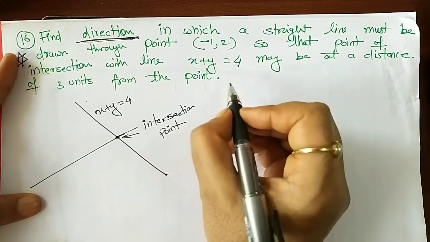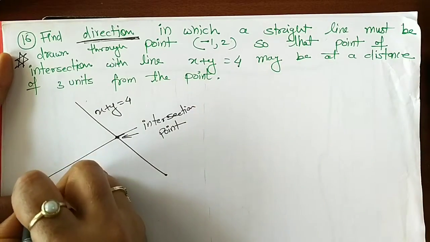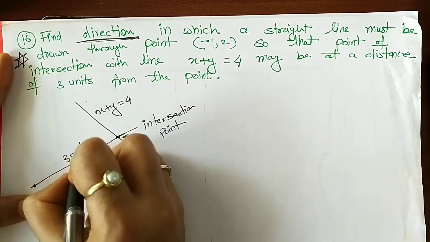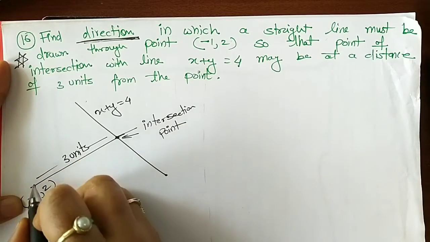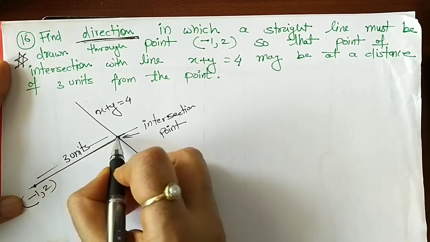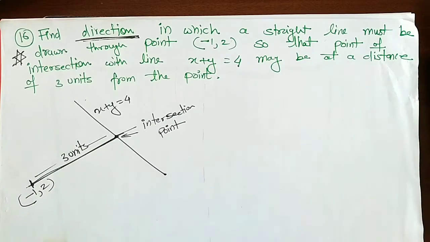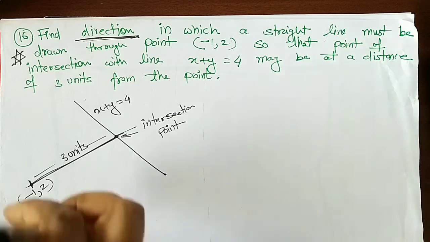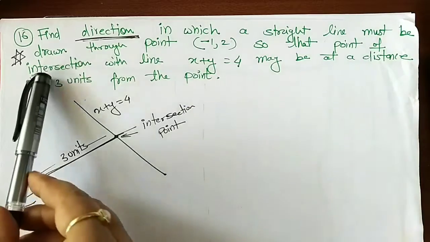They are saying this intersection point must be at a distance of 3 units from which point? This point, minus 1 comma 2. So which line should you draw in such a way that the distance between these 2 points is 3 units? This is the question. Find the direction in which a straight line must be drawn.